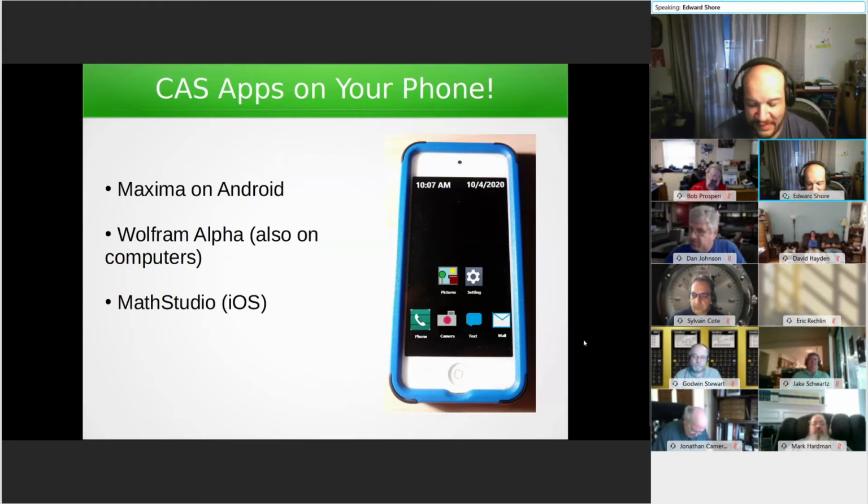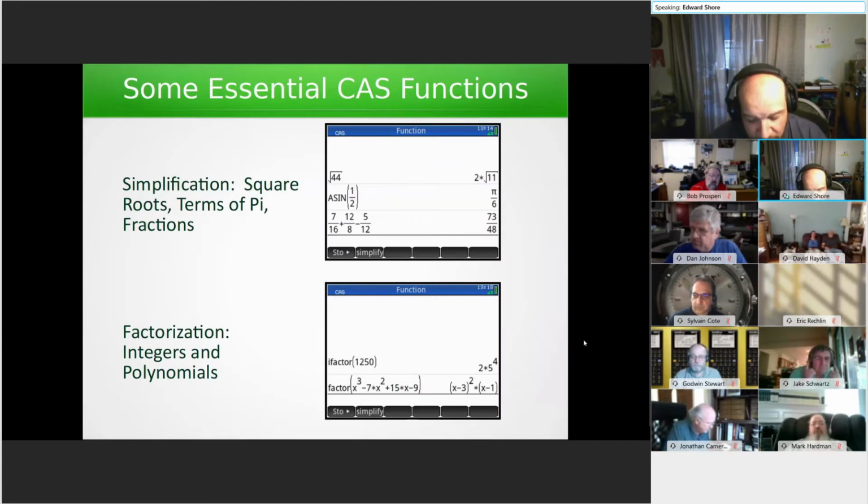So, what are the essential CAS functions? Some of them start with simplification. So you can simplify numbers in terms of square roots, in terms of pi, and fractions.